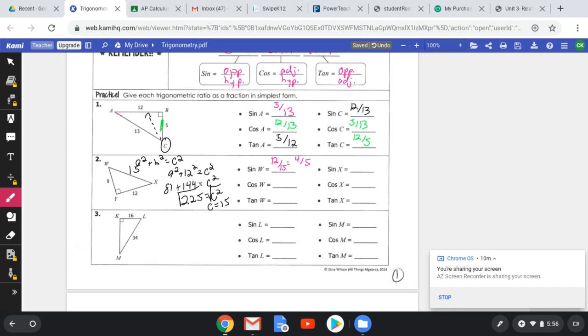Cosine of W is going to be adjacent over hypotenuse, so it's 9 over 15, which again can be reduced to 3/5. And then tangent of W would be opposite over adjacent, so it's 12 over 9, which again can be reduced to 4/3.